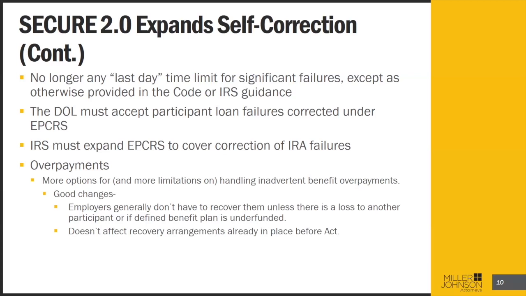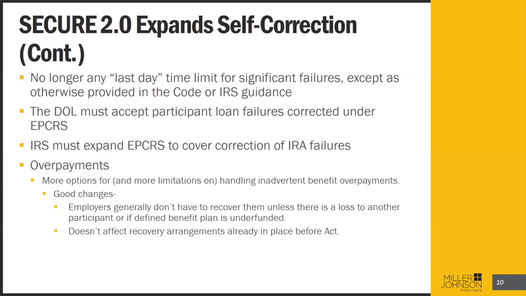Oftentimes we find that the employer just doesn't want to chase that participant for the overpayment, either because it's not worth chasing the person down, or they feel like the person probably relied on the amount they were getting. So generally speaking, a good change under Secure 2.0 is that employers don't have to recover those overpayments, except in a couple of limited circumstances.